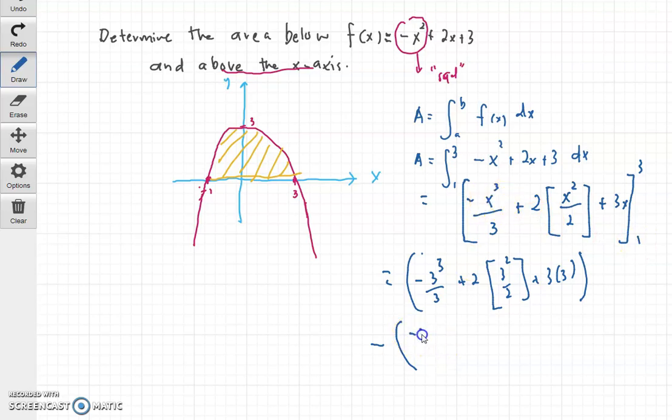So it will be negative negative 1 to the power of 3, put a bracket, over 3, plus 2 times negative 1 to the power of 2 over 2, plus 3 times negative 1, close the bracket. Once you get all these values, you can just plug them into the calculator to get the final answer. You can calculate by your own, but here I give you the final answer, which is 32 over 3 square units.